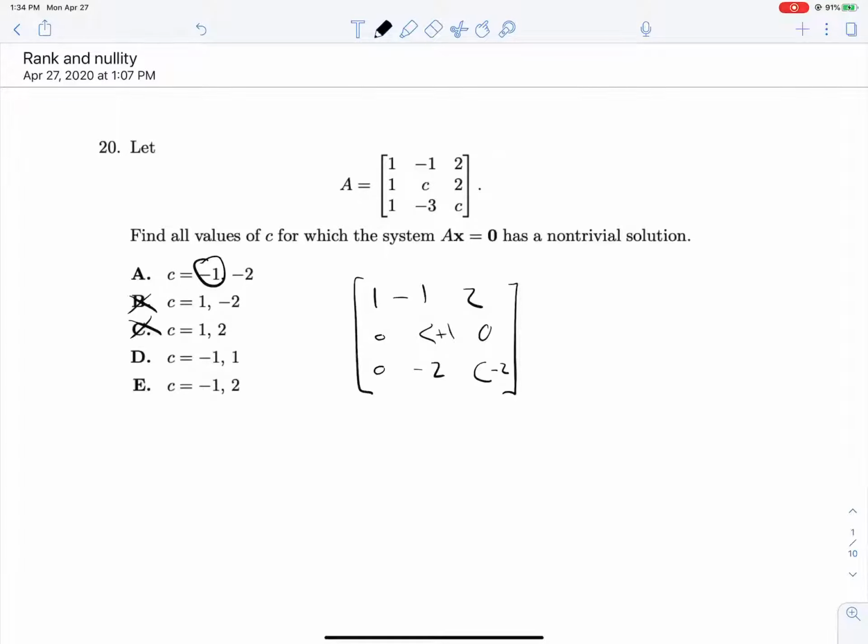But let's see, how can we get rid of this issue right here? Let's add 2 row 2's to row 3. That'll give us 2C there and C minus 2. So there's no value of C that will make that 0.